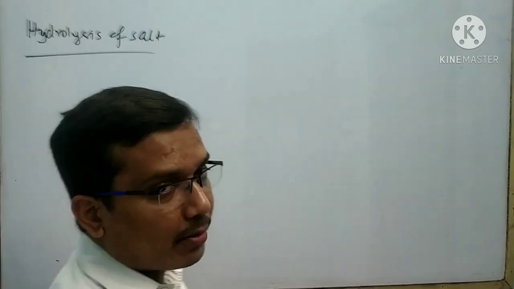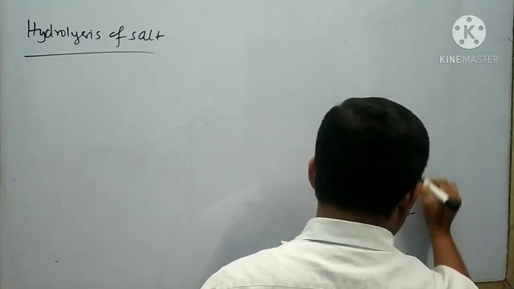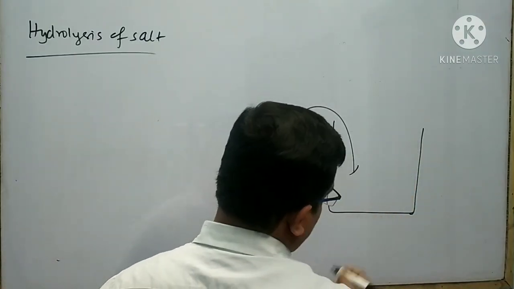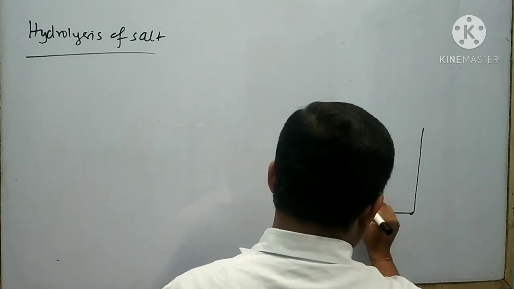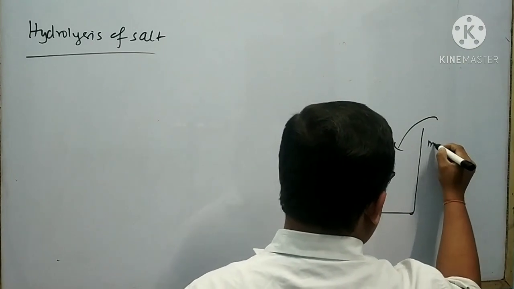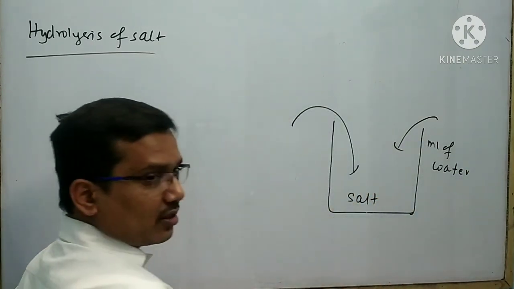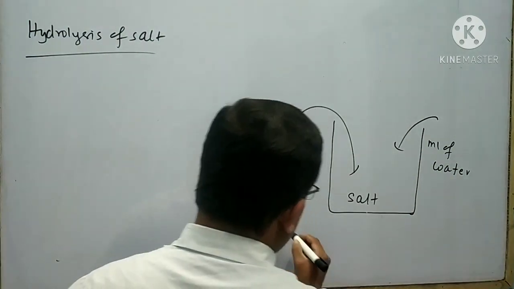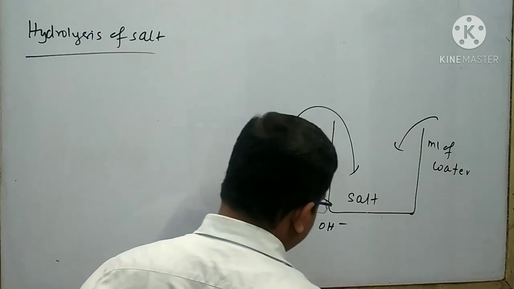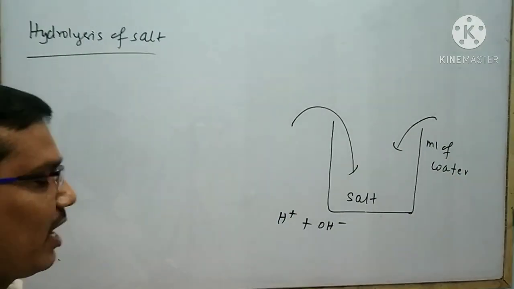Next, I want to explain about the hydrolysis of salt. What is the meaning of hydrolysis of salt? Suppose take a beaker. In this beaker, suppose take a few amount of salt. Now add a few ml of water to this salt. Then what will happen? Water gives H plus ion and OH minus ion. The salt also gives two oppositely charged ions.